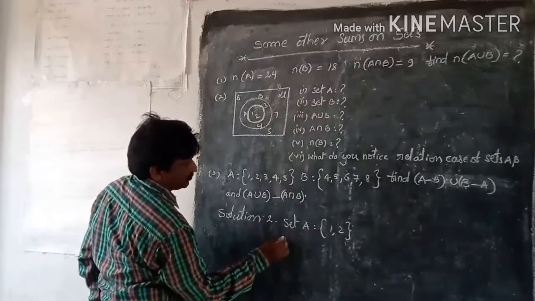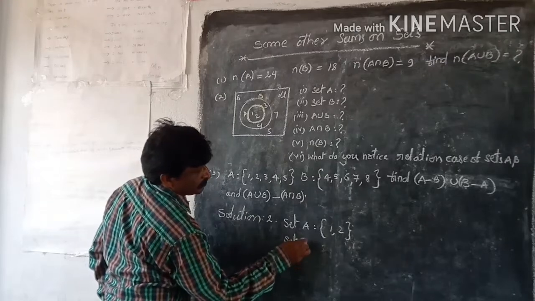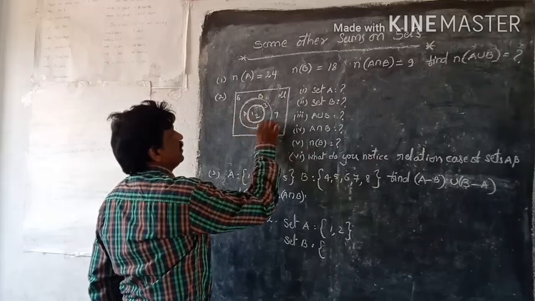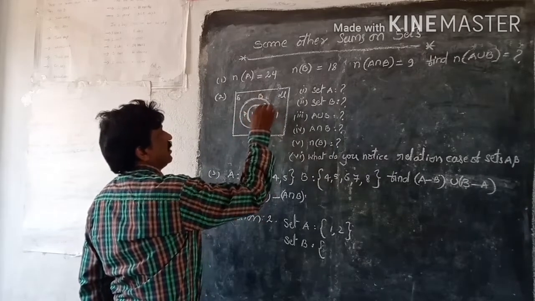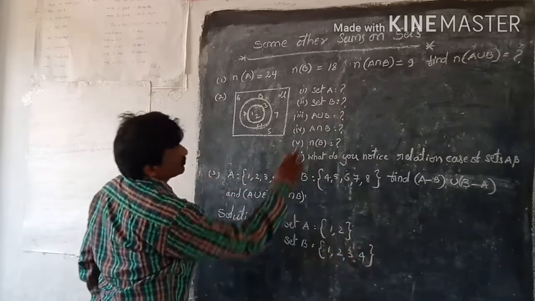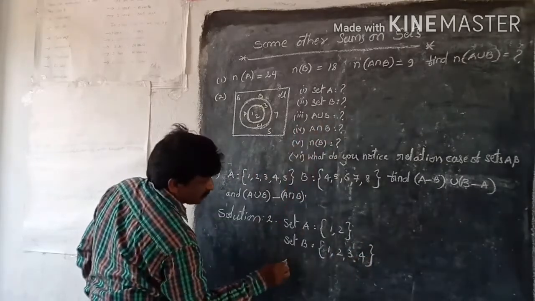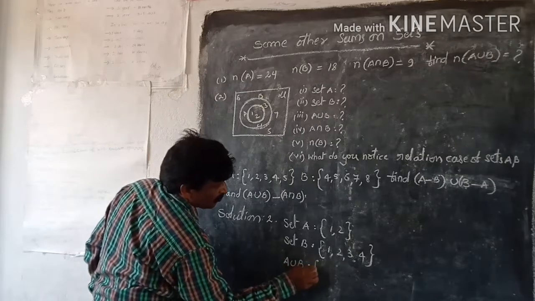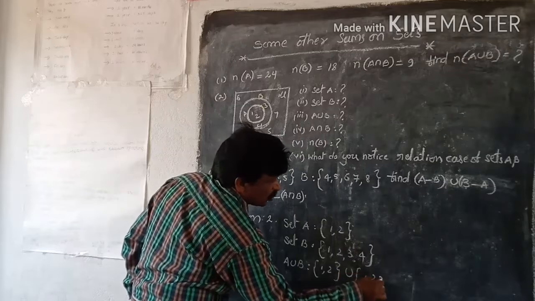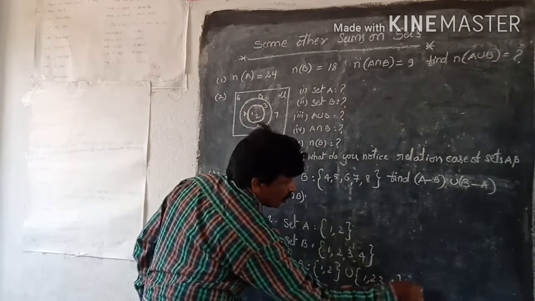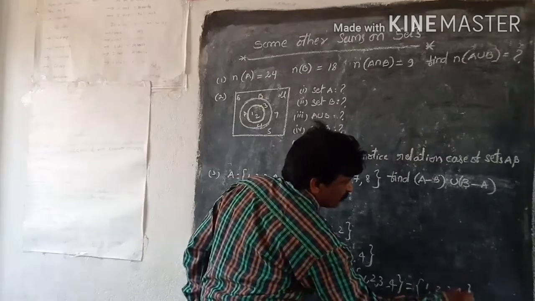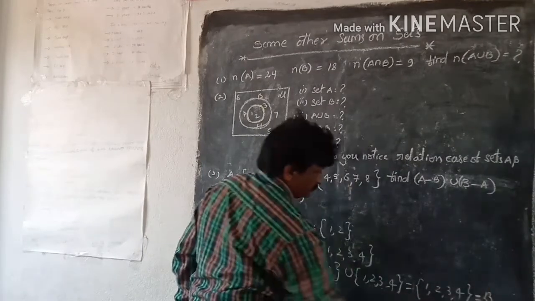Next, set B: 1, 2, 3, 4. Next, A union B. A is 1, 2, union B is 1, 2, 3, 4. So A union B is 1, 2, 3, 4, which is equal to B.